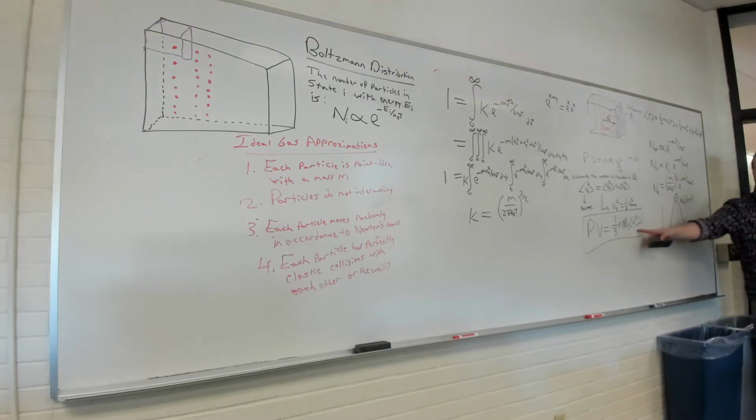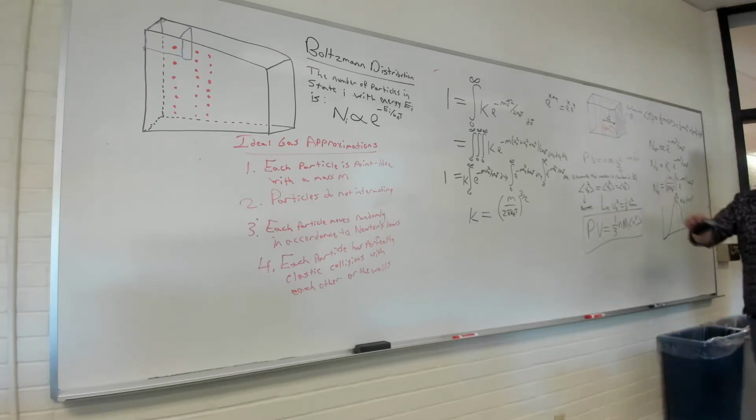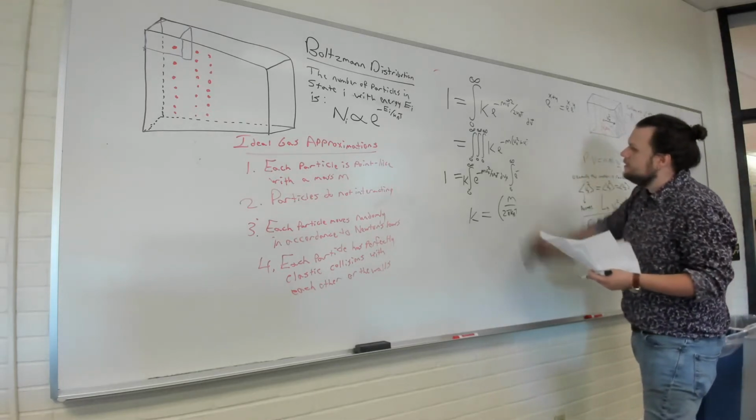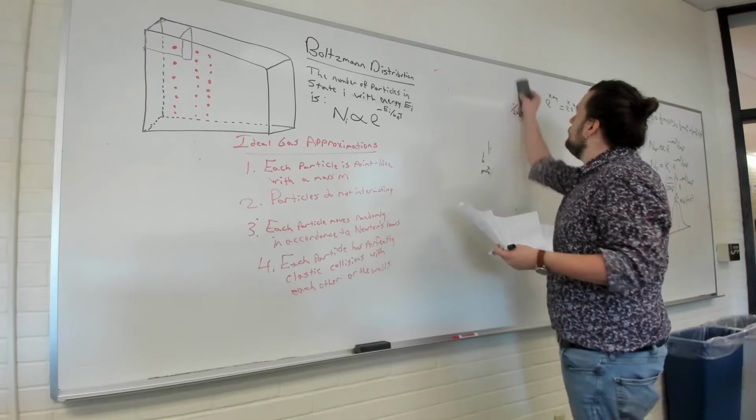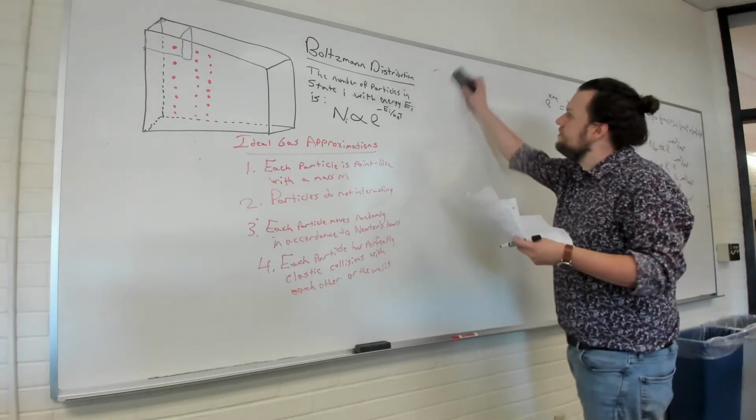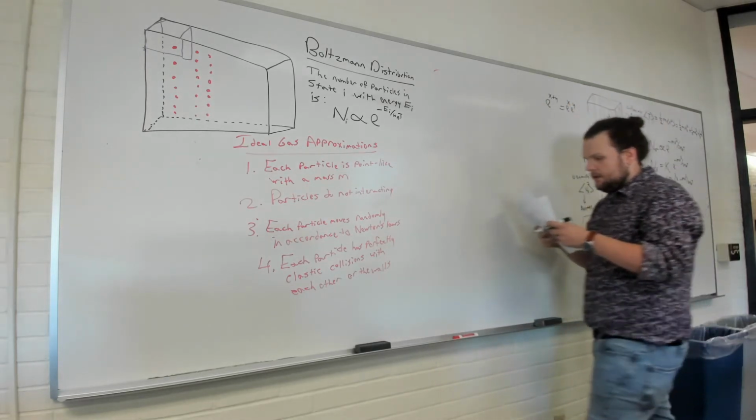You already know what the answer is going to be because this is going to be nRT on this side, and that's exactly what we get. So let me show you that. Maybe you saw this formula once in calculus and then never used it again.